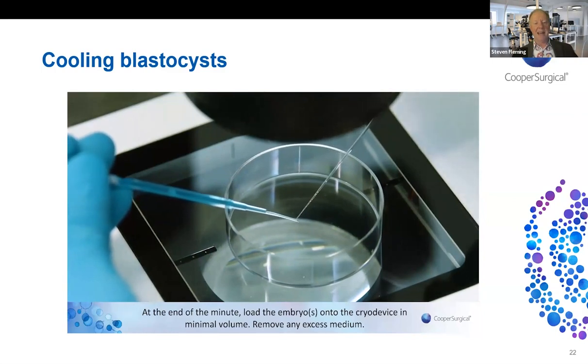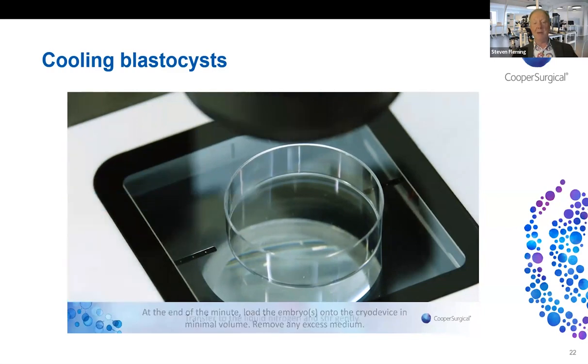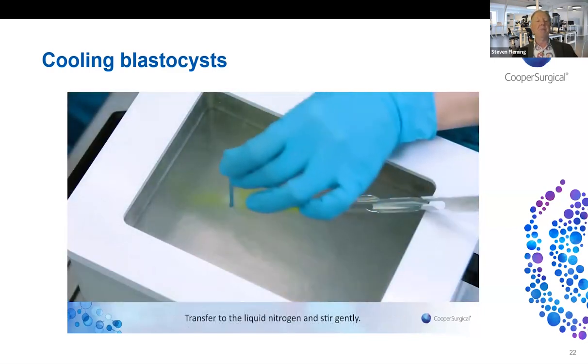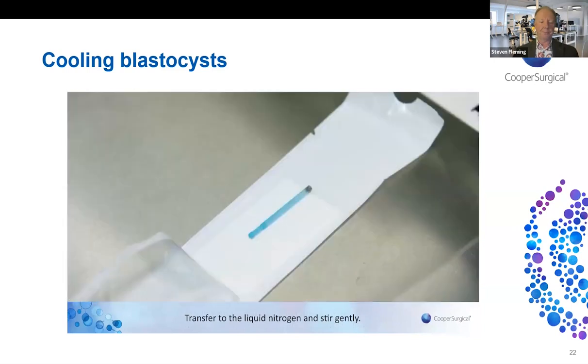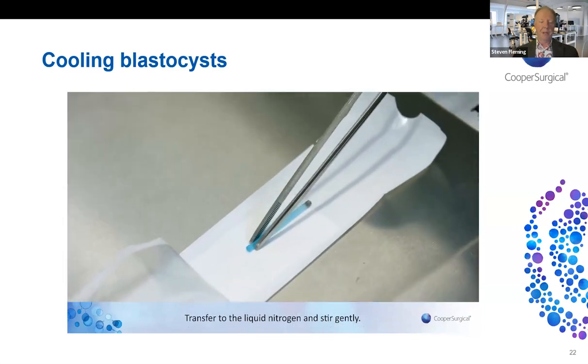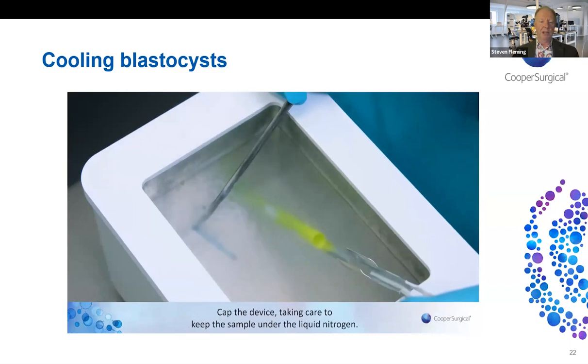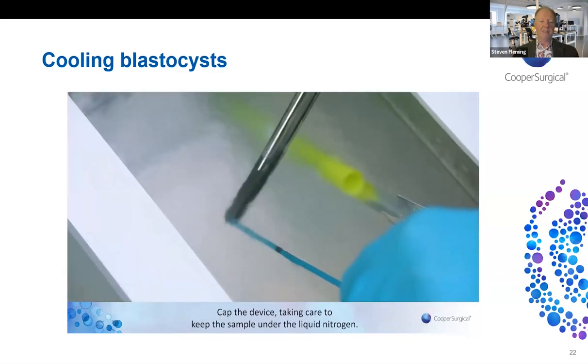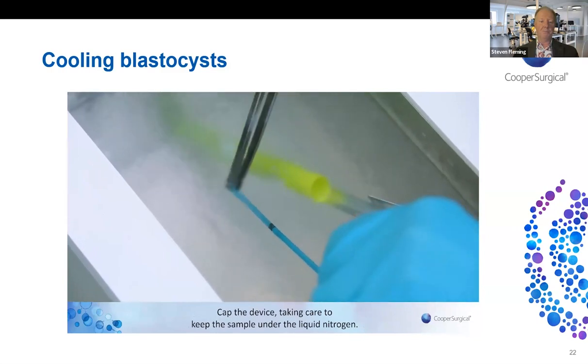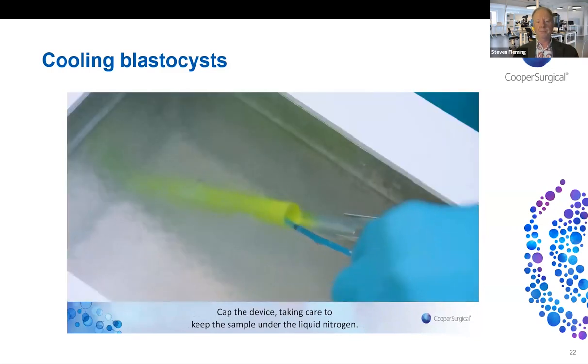If it's a hatched blastocyst, maybe allow a bit more volume, and then straight into the liquid nitrogen. Again, make sure you fill that cap with liquid nitrogen before capping the device.